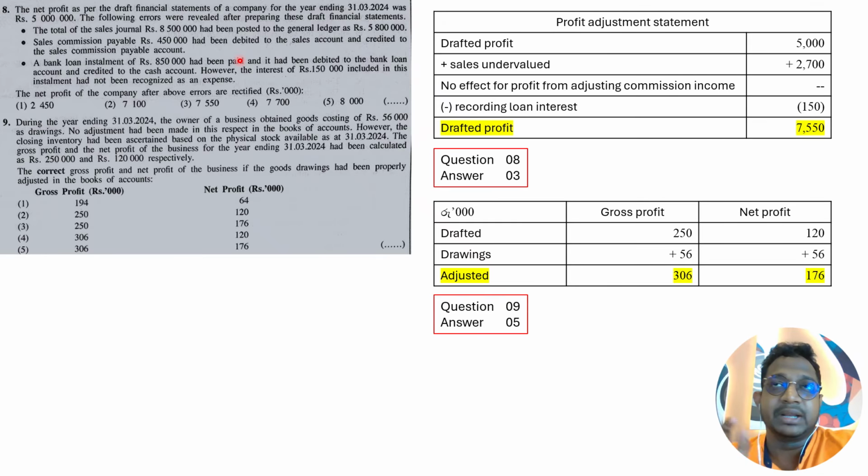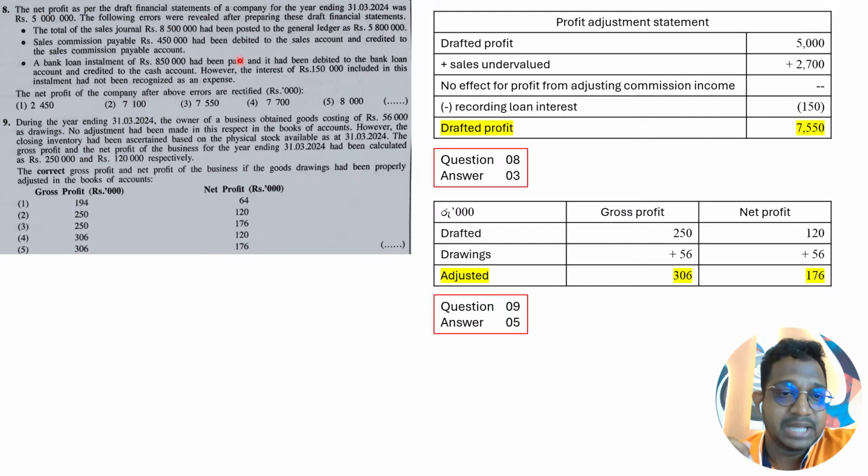So the effect of the expense is recorded anyway. So when you are correcting that, the double entry should be sales commission expense account debit and sales account credit. But it's not affecting your profit.